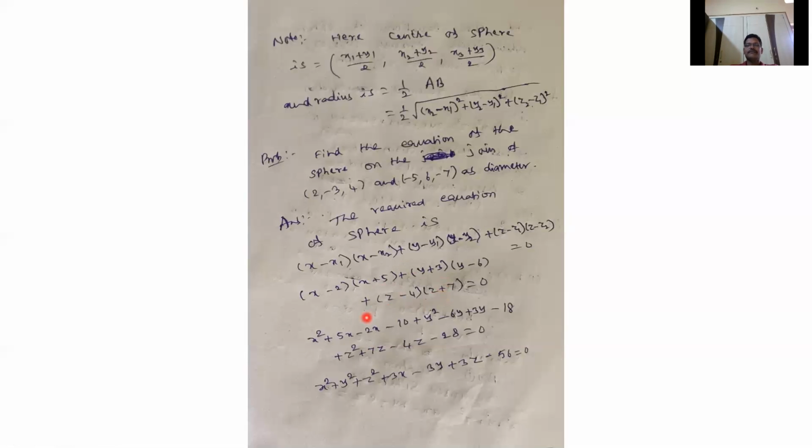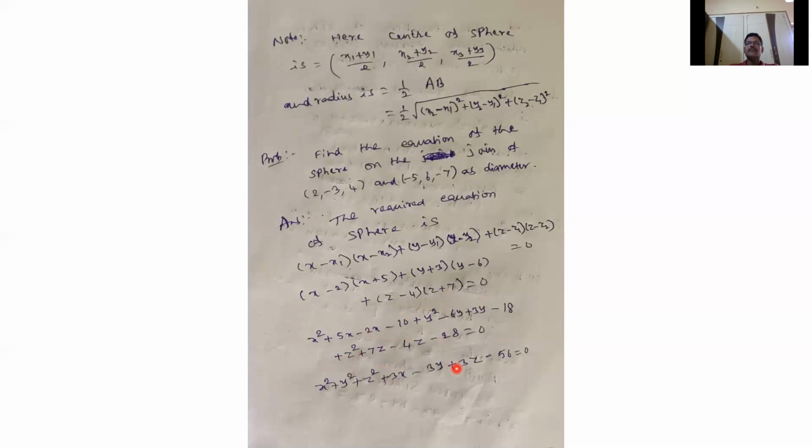So finally, we are getting x square plus 5x minus 2x minus 10, y square minus 6y plus 3y minus 18, and z square plus 7z minus 4z minus 20. Finally, we are getting x square plus y square plus z square plus 3x minus 3y plus 3z minus 56 equal to 0.